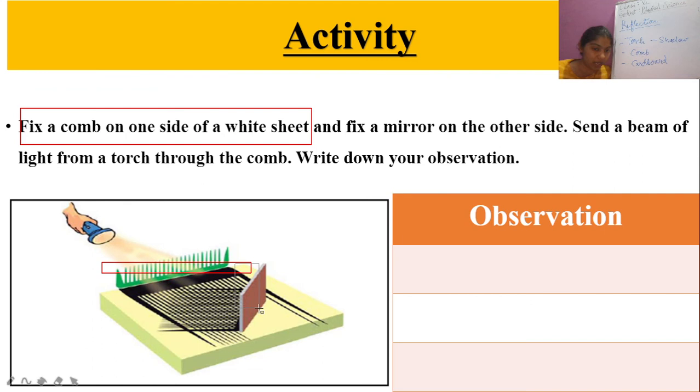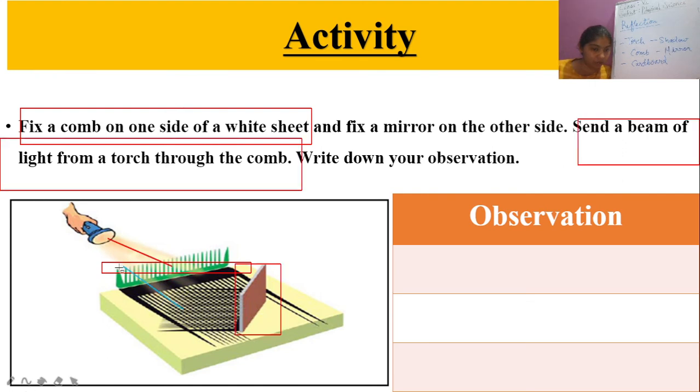Now send a beam of light through a torch through the comb. As you are sending the light through the comb, what do you observe on the mirror? Do you find two kinds of comb shadow? Yes, two kinds of shadow. One is larger, which I have colored differently, that is blue, that is the shadow of the comb.